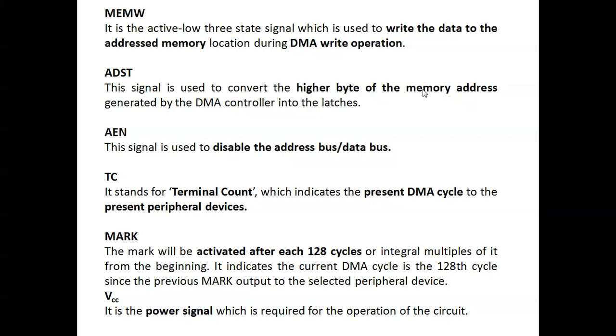AEN is used to disable the address bus and data bus. TC, terminal count, indicates the present DMA cycle for the present peripheral device. Mark is activated after 128 cycles, an integral multiple, and it indicates the current DMA cycle has completed 128 cycles.